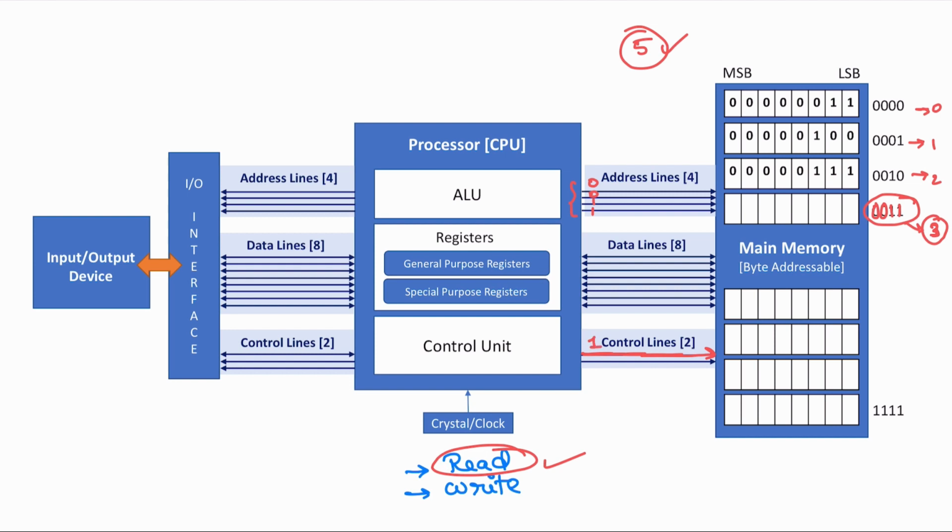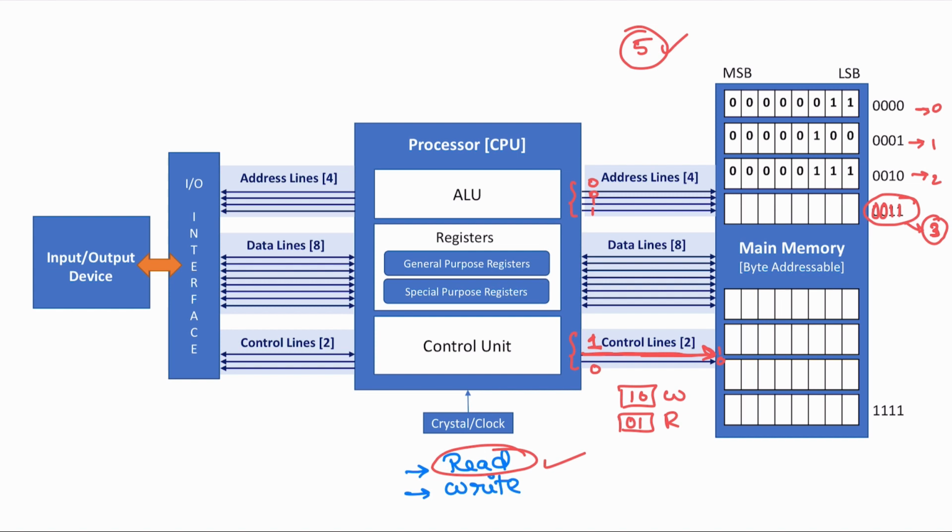For example, 1 0 here will mean write, and 0 1 here will be read. So for example, it is sending 1 from here, 0 from here. In that case it is a write operation. Now it is sending this write signal from control lines or control bus.